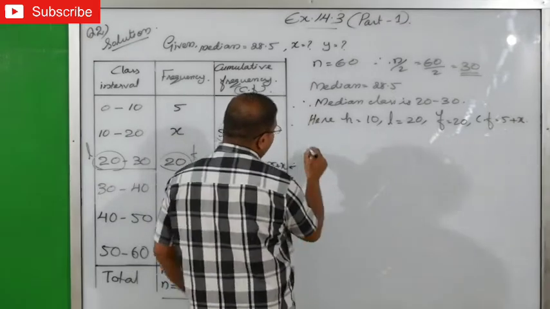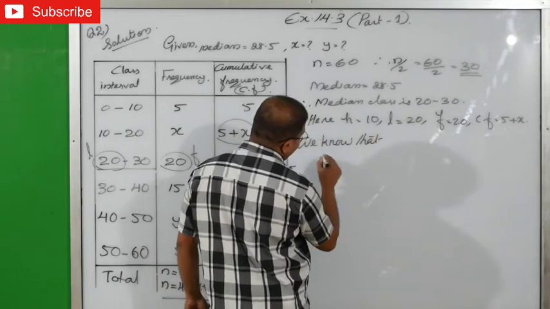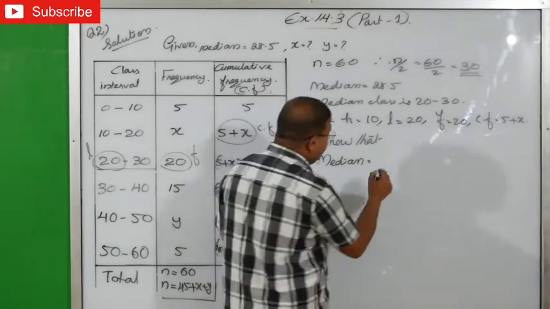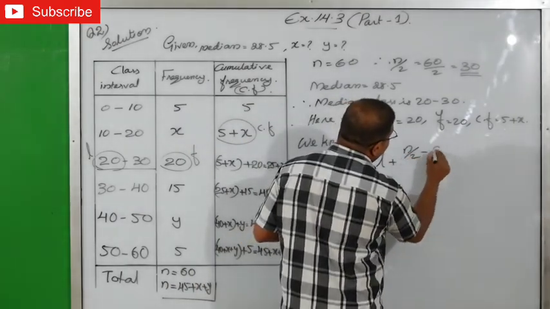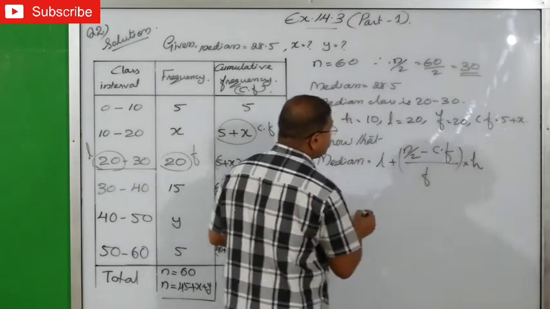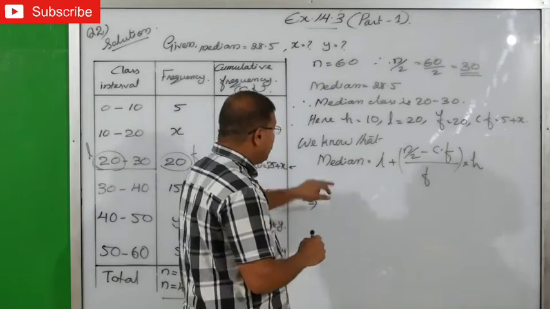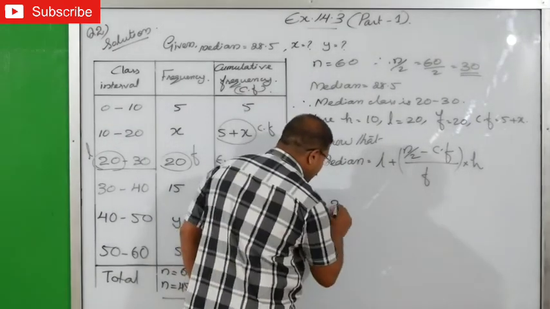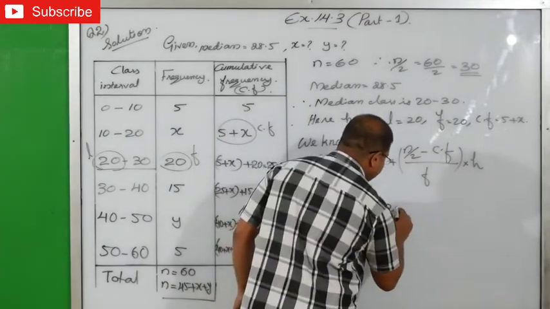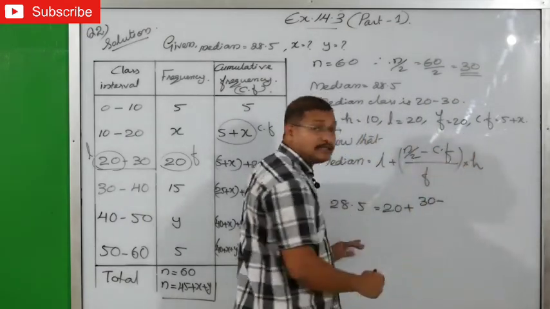What will we write now? We know that median equals L plus n by 2 minus CF by F into H. What is the value of median? 28.5 equals, the value of L is 20, plus n by 2 we already got, 30, minus CF, which is 5 plus x.